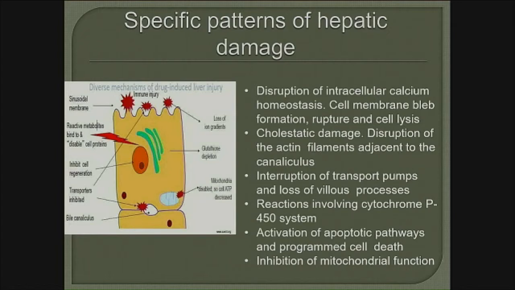The second, the cholestatic damage: disruption of the actin filament adjacent to the canaliculus. The next is interruption of transport pump and loss of villus processes. Then reaction involving the cytochrome P450 system and the activation of apoptotic pathway and programmed cell death, and also inhibition of mitochondrial function.